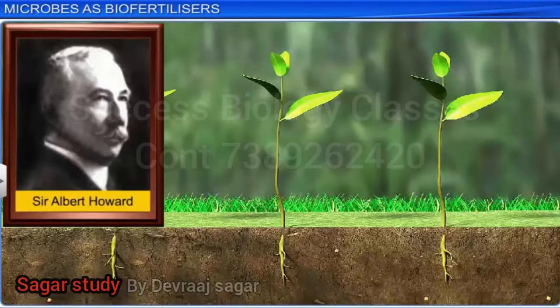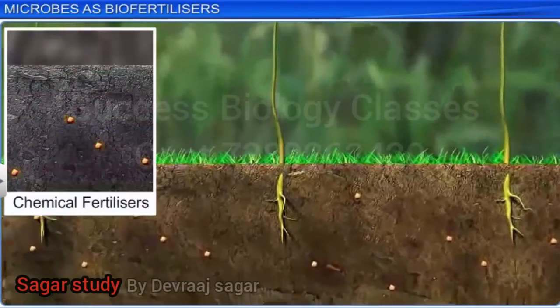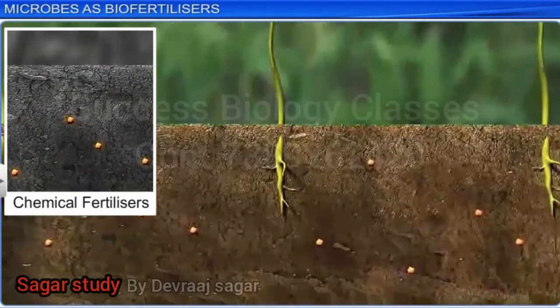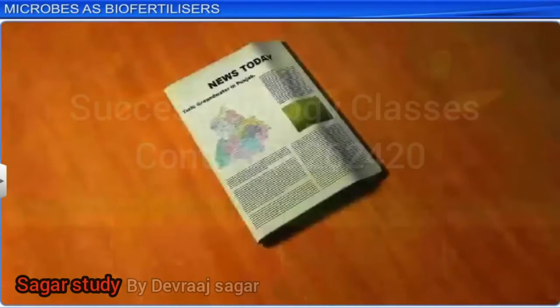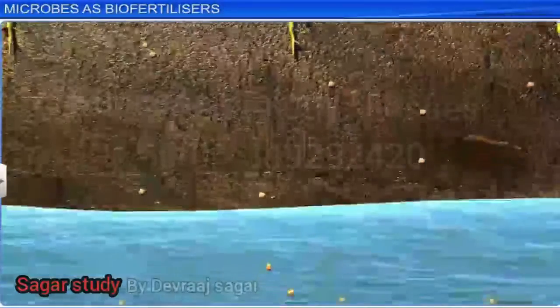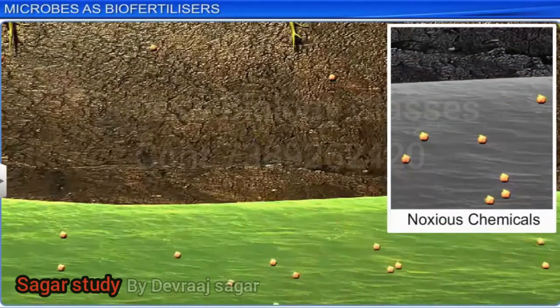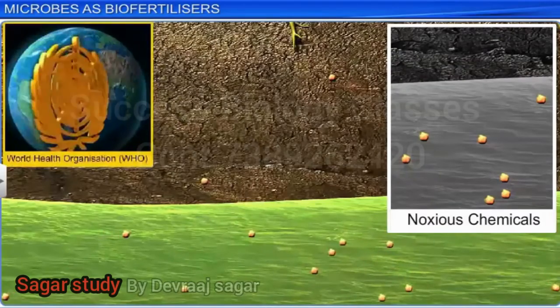But later, farmers and scientists around the world realized that chemical fertilizers were the chief pollutants of both the environment and soil. The impact of these fertilizers had become so severe that in Punjab, about 10% of groundwater samples show the presence of noxious chemicals more than the permissible limit prescribed by the World Health Organization or WHO.